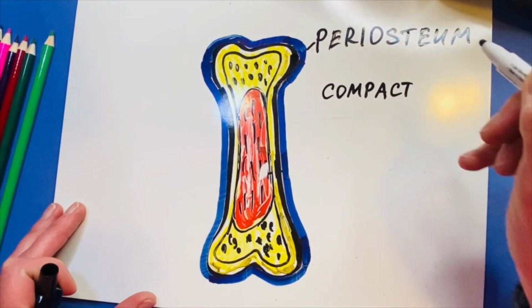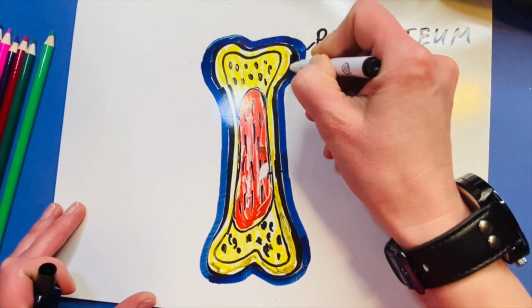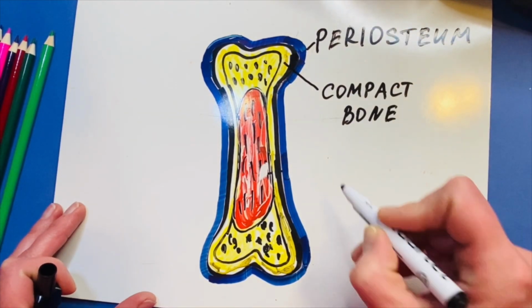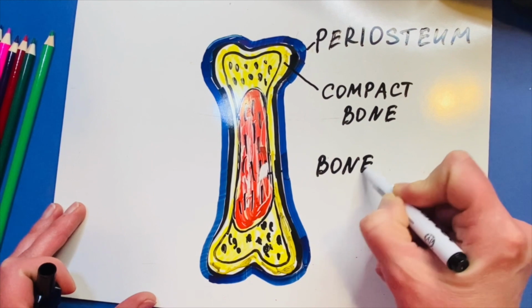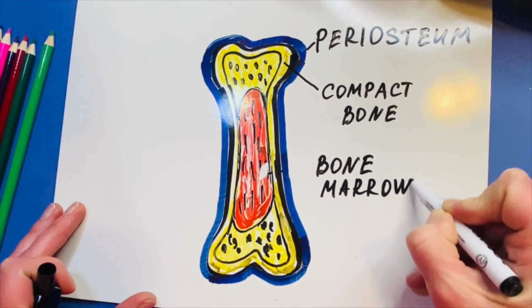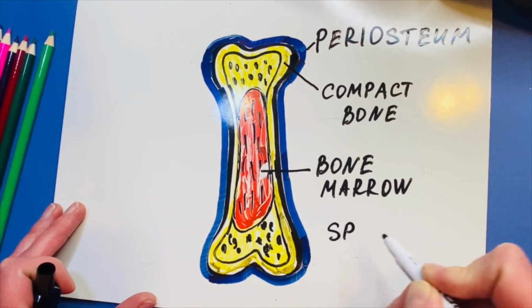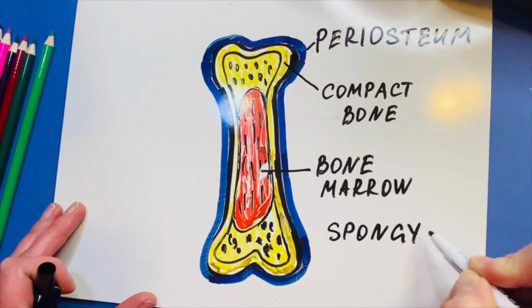Spongy bone is found beneath the compact bone in a long bone, such as your thigh bone or arm bone. Spongy bone is sort of like a hard sponge. It has a ton of little air pockets which make the bone lighter.